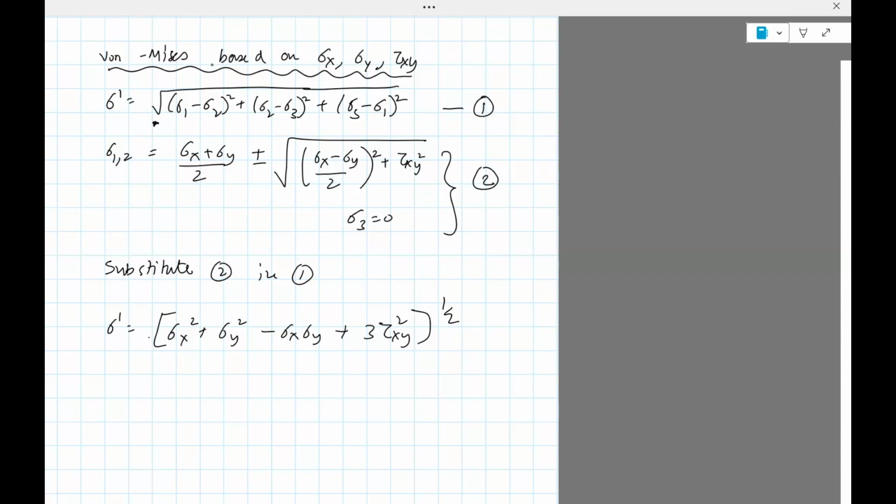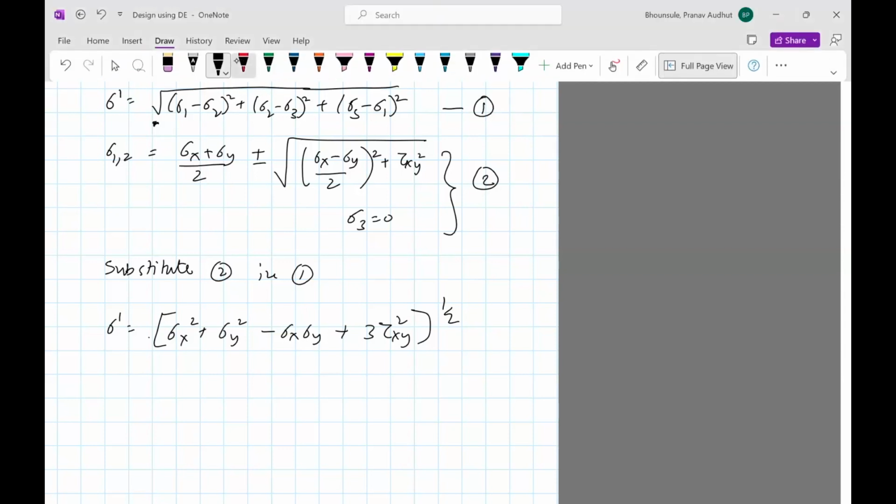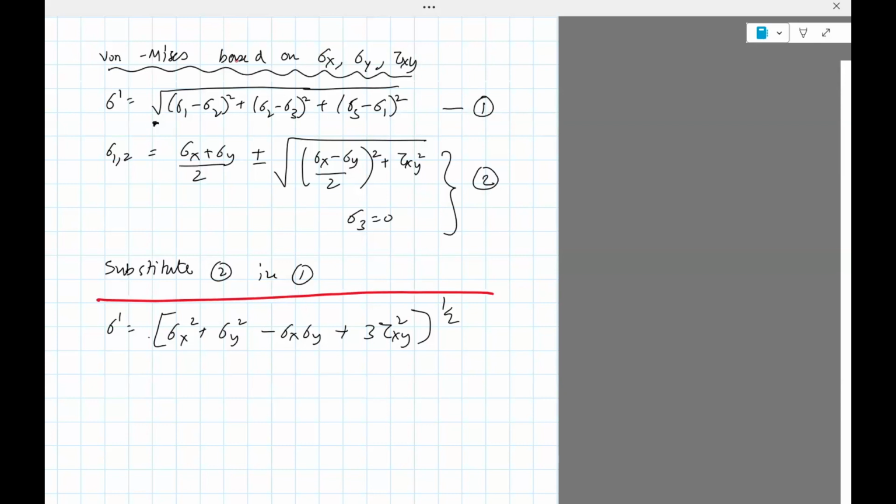Okay, so this is your von Mises stress in terms of sigma x, sigma y, tau xy. So you don't really have to go through the process of computing the principal stresses. You can just use this.